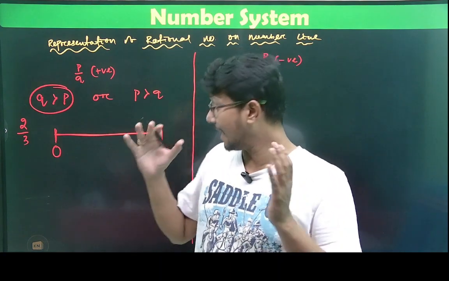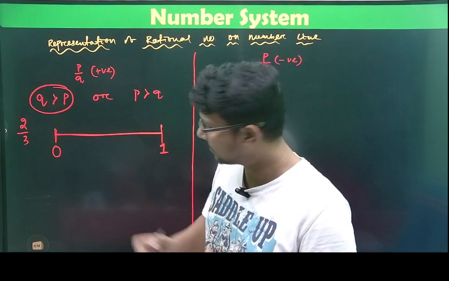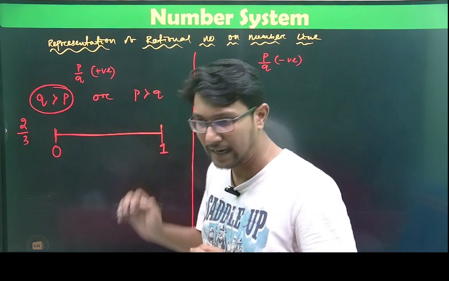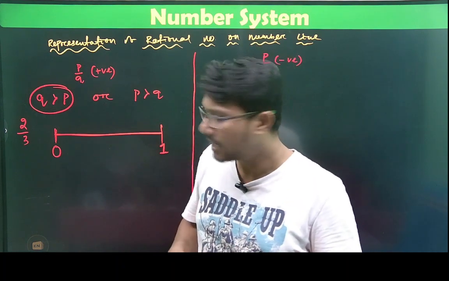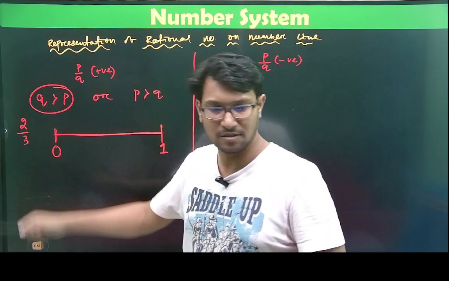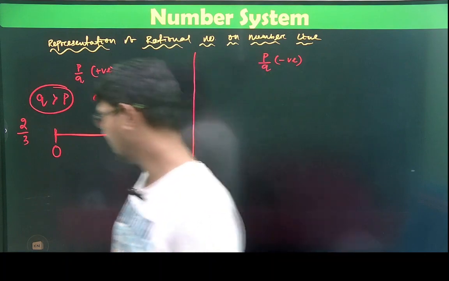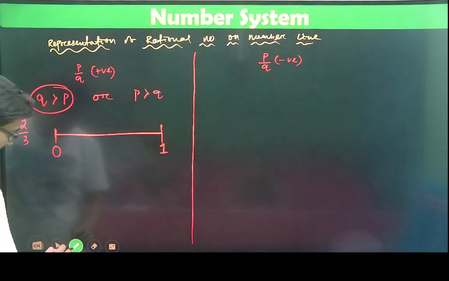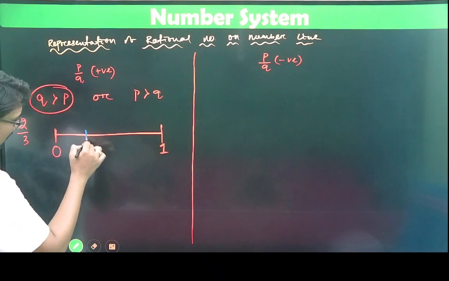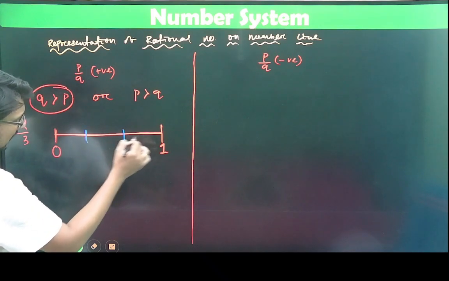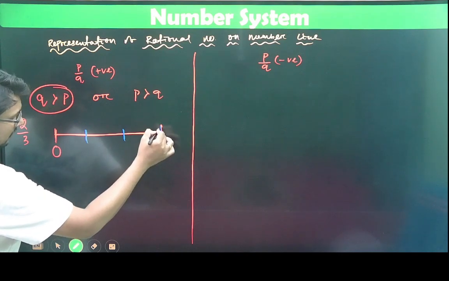Now the most important point: we have to divide 0 and 1 into 3 equal parts. Why 3? Because the denominator is 3, right? Very good. So we divide now. This is the first part, this is the second part, and this is the third part.